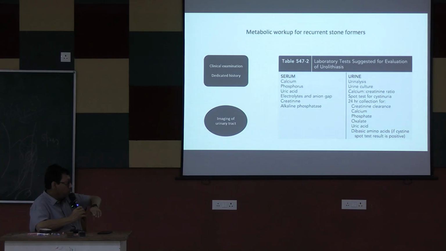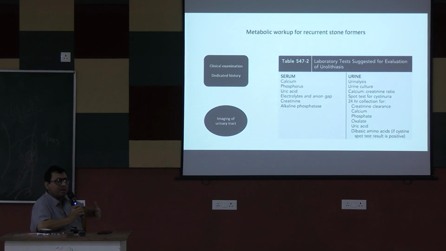I don't know whether you need this because the time is less, but just keep it in mind that metabolic workup is necessary for the recurrent stone former. At the beginning, I have said 30% of the patients get their stone recurred in their lifetime of 7 to 9 years.